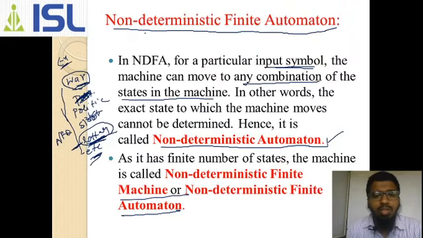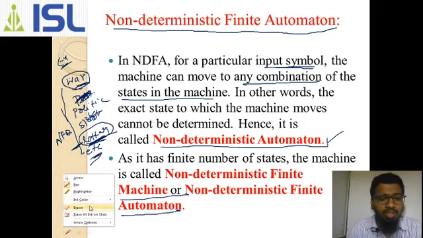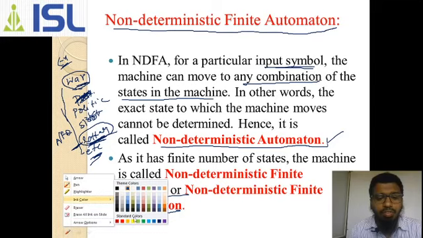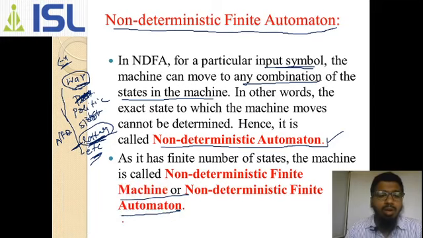Today we have seen the non-deterministic finite automata, where the machine can move to any combination of the states. I gave you the example of lottery.